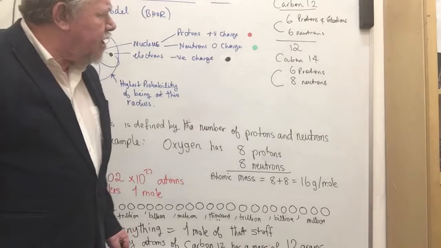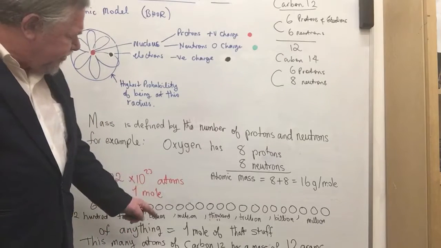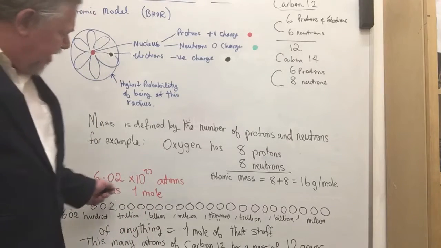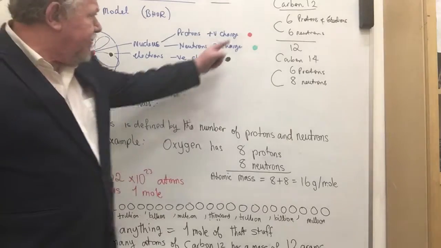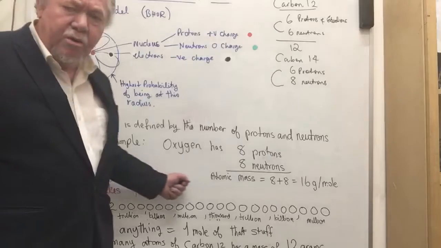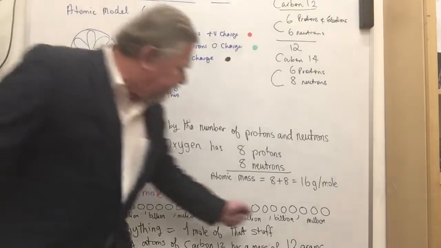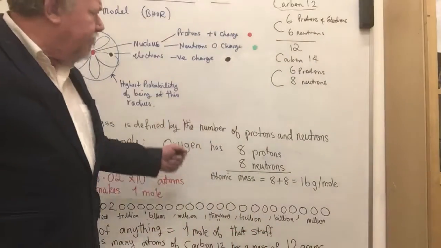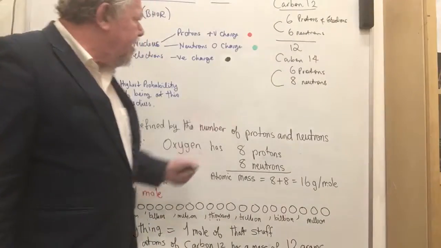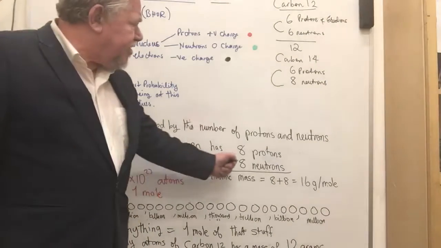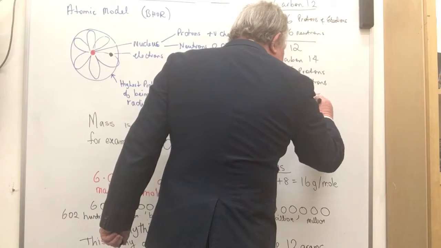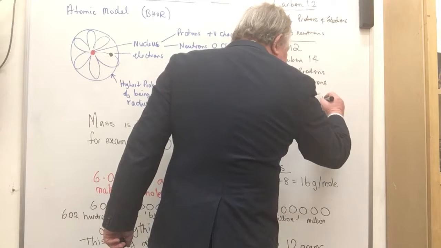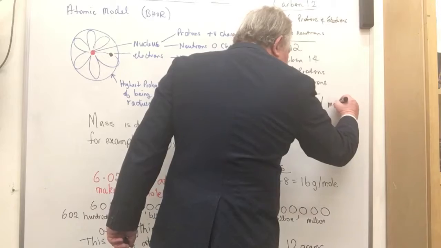So it slightly has more mass, because remember, if it was carbon 12 and we had this many of them all together, it would be 12 grams. Well, if we've got carbon 14 and we've got this many of them together, we're going to end up with 14 grams for every mole.